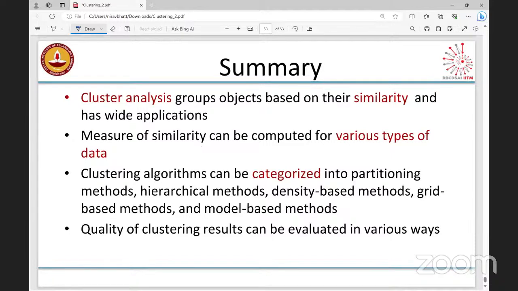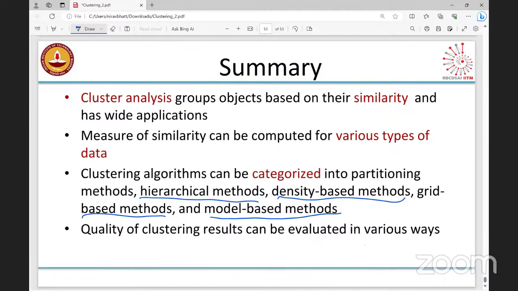It uses some notion of similarity to handle different data types. And clustering analysis can be categorized into partition-based methods, hierarchical clustering methods, density-based methods, grid-based methods, spectral-based methods, or model-based methods.